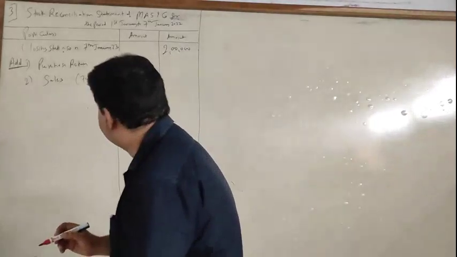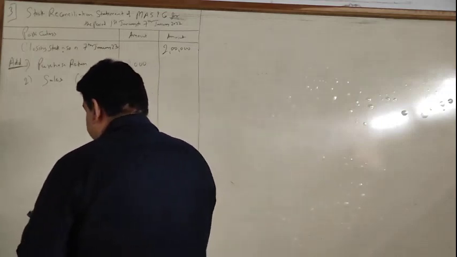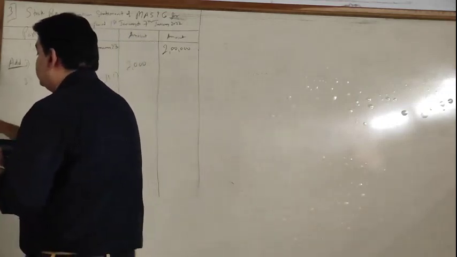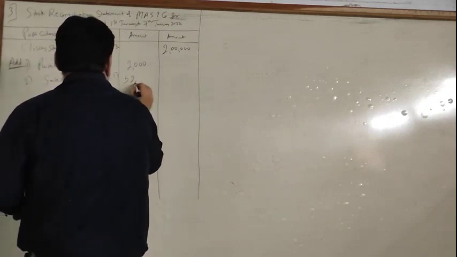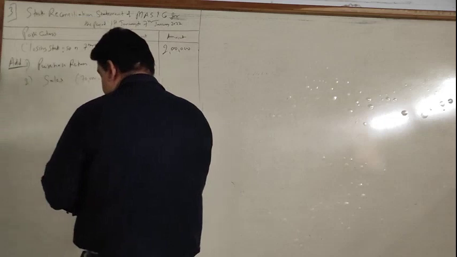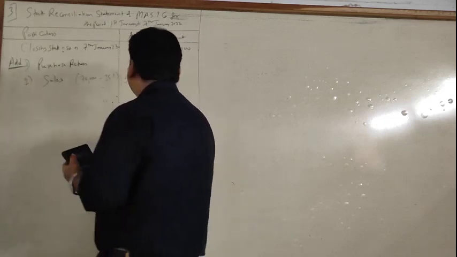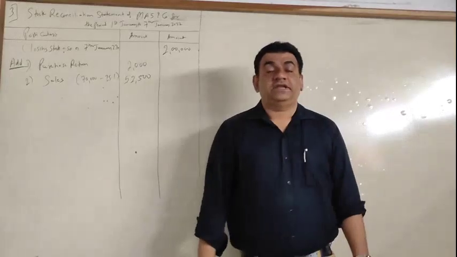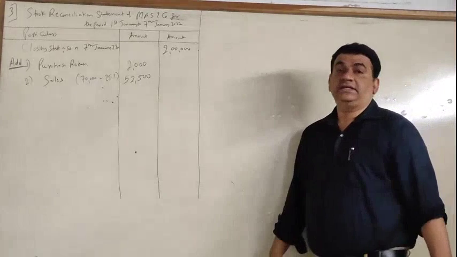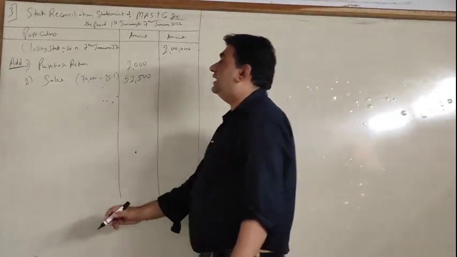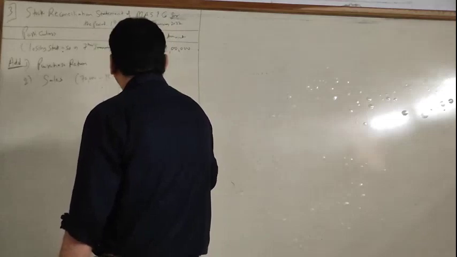So from 70,000 minus 25%, you get the answer as 52,500.